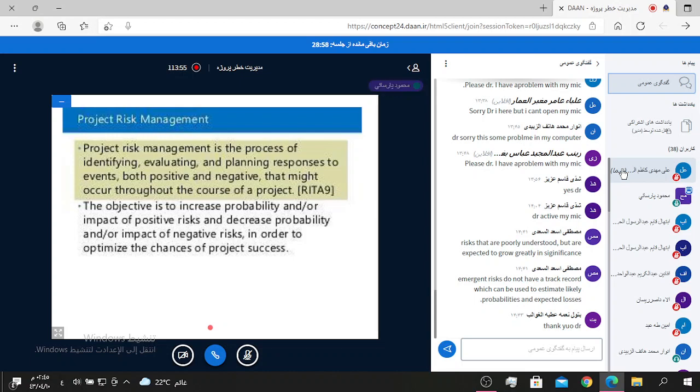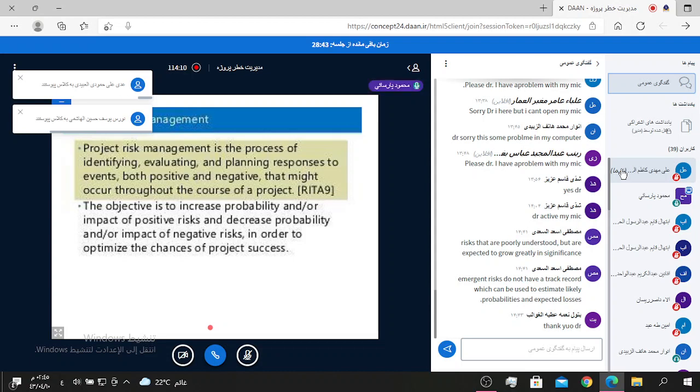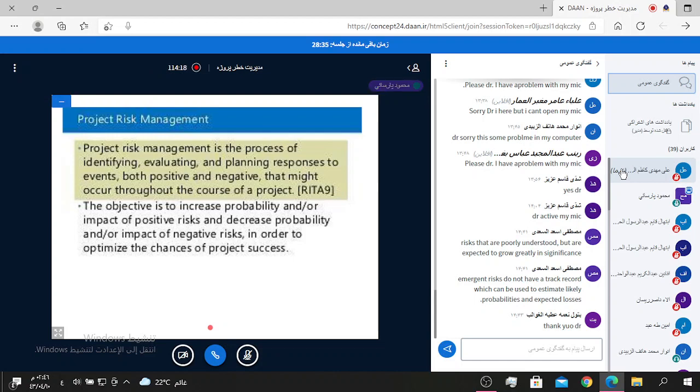And in opposite, if we don't deal with risk management in any project, especially about negative risks, some negative events will occur during our project that we didn't predict, and we will not have any program, design or scheduling for them.